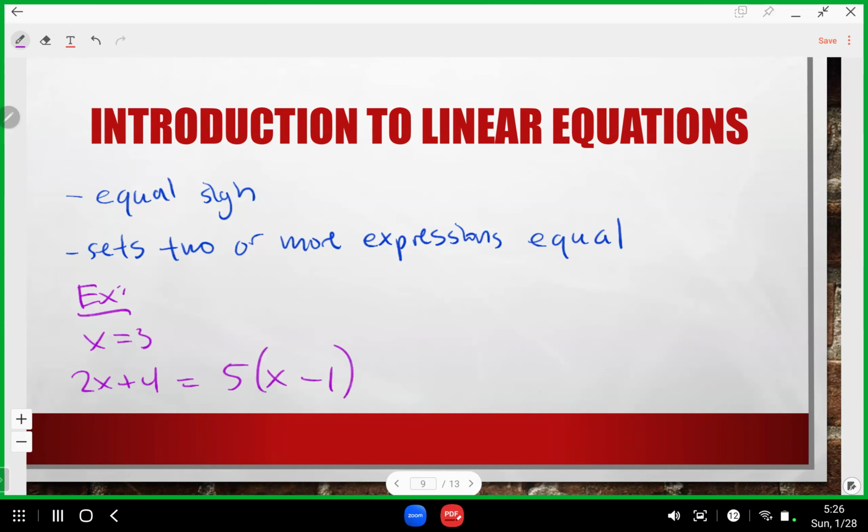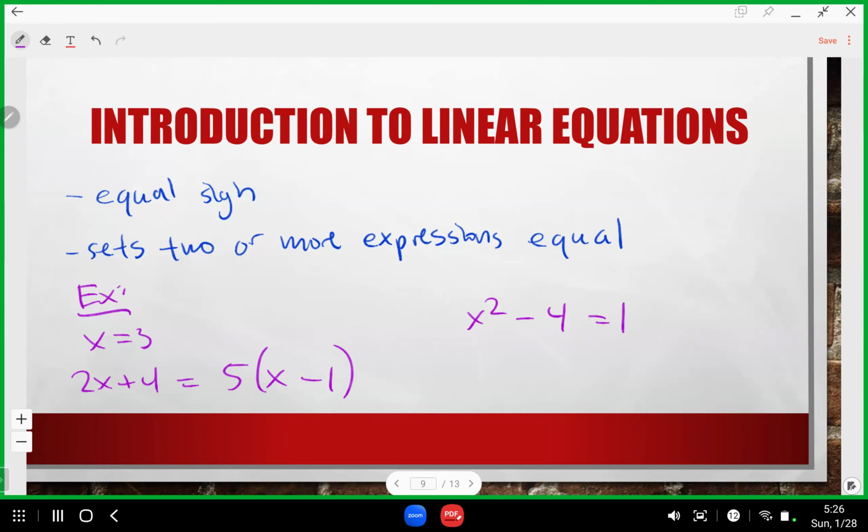Or x squared minus 4 is equal to 1. We just have two expressions set equal to each other. An algebraic linear equation is just that with variables. Algebra includes variables, that's why variables are important.